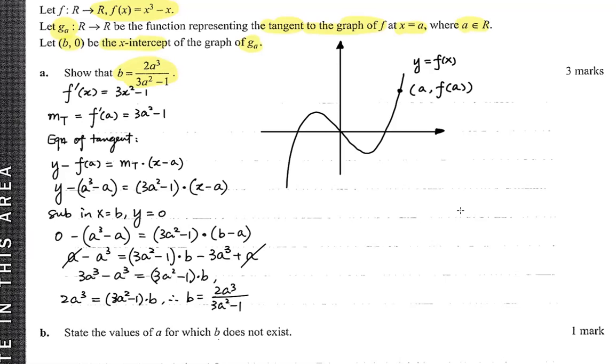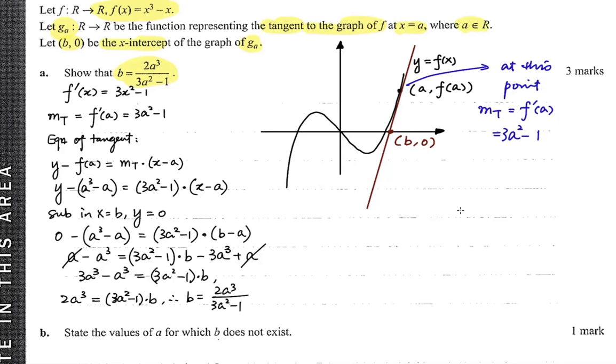If we draw a tangent like that, we immediately realize this is b comma 0, isn't it? Let's say at this point, gradient of tangent is f dash of a, which is 3a squared minus 1, isn't it?